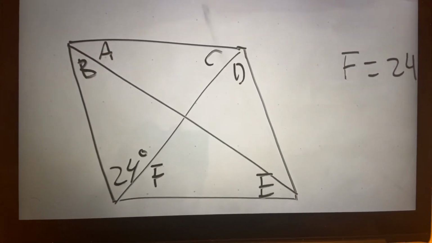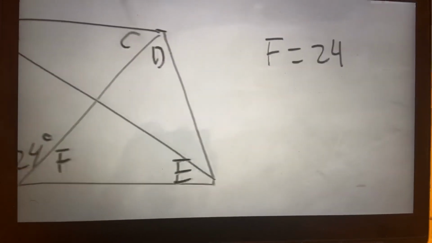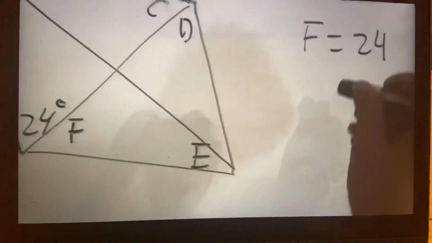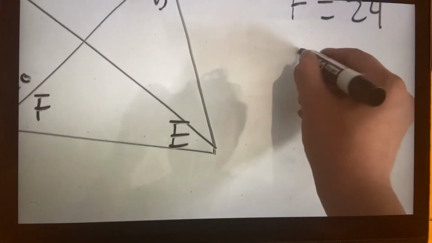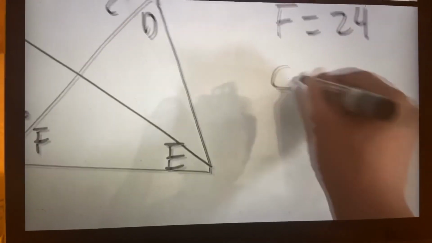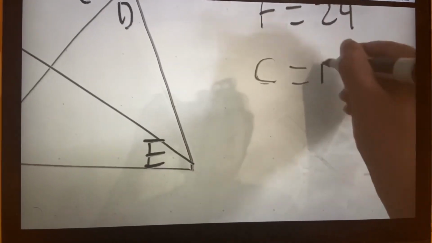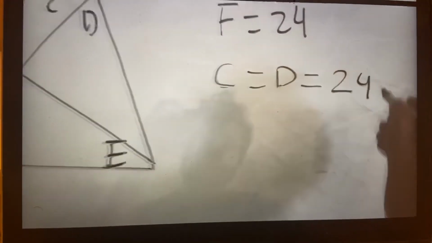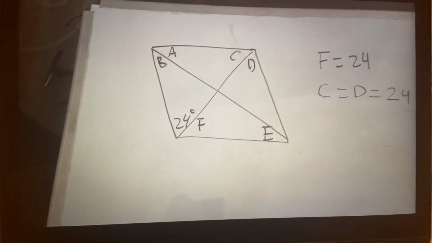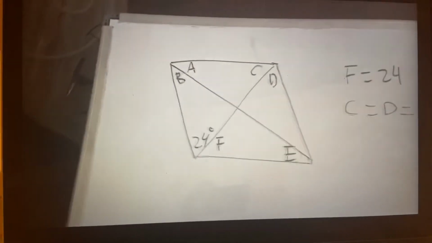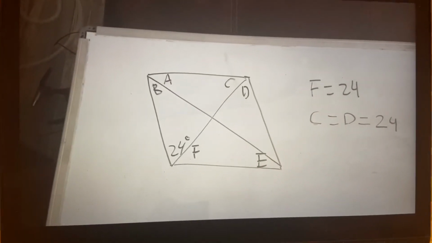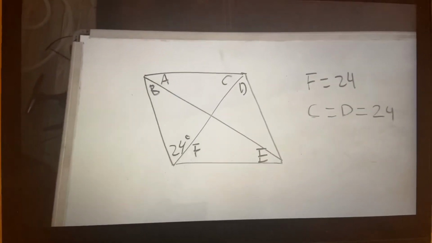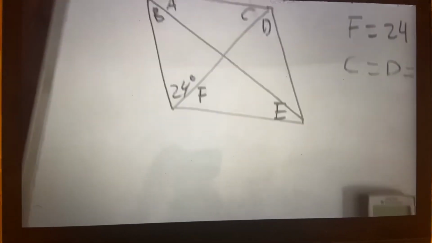And the diagonal of a rhombus bisects the angle. Therefore, not only is F 24, but C and D is also 24. Alright, so we have found 3 of our missing angles, 3 more to go.